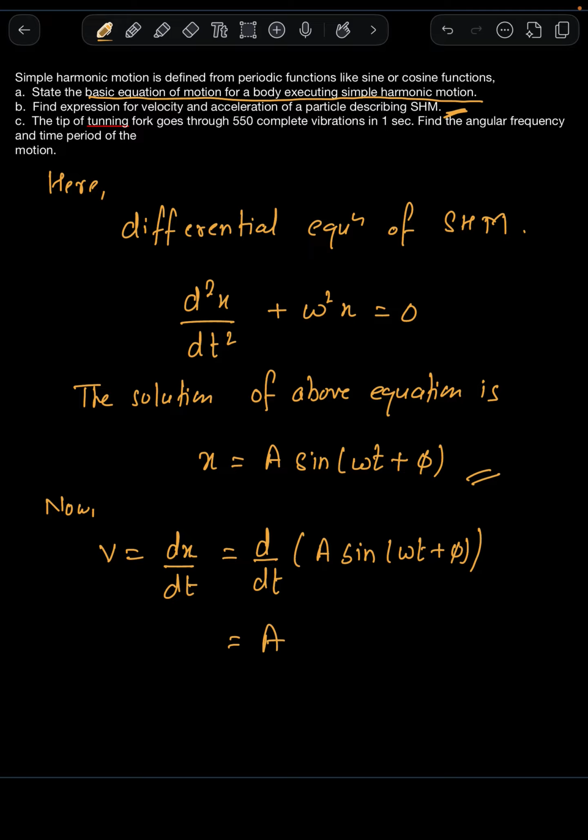So a is constant, the derivative of sine is cos omega t plus phi, and since omega is in front of t and derivative is with respect to t, omega comes outside.